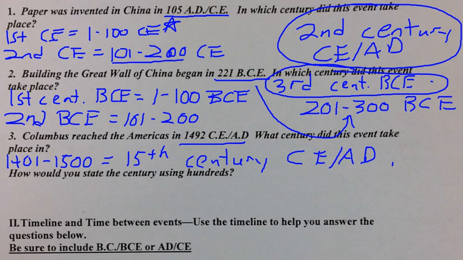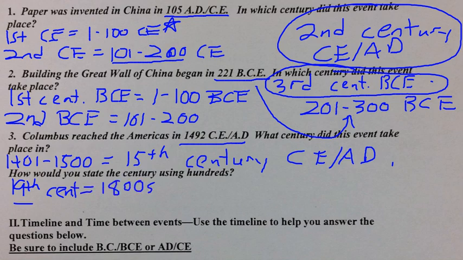Well, just like I used initially in class the example of the years 1800 to 1899 are the 19th century, also known as the 1800s.